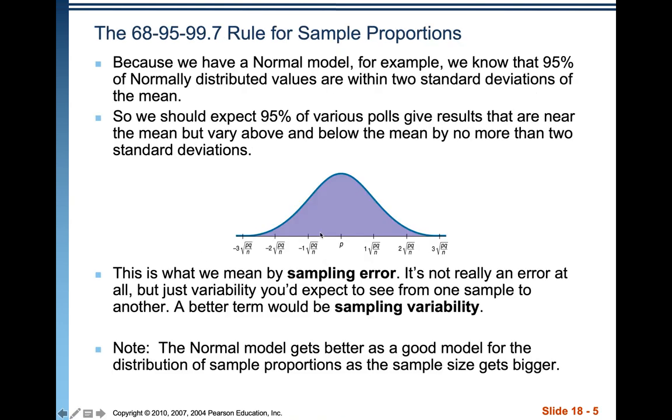And so we would expect 68% of the proportions to fall between 1 standard deviation below P and 1 standard deviation above P, and 95% to fall between 2 standard deviations below P and 2 standard deviations above P, and 99.7% within 3 standard deviations of the mean.